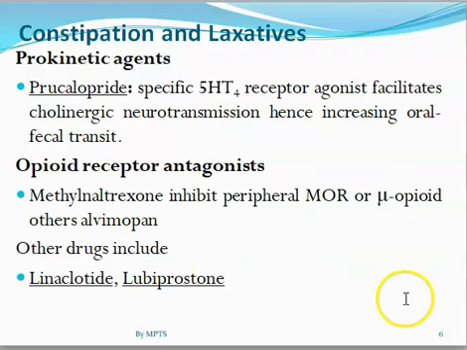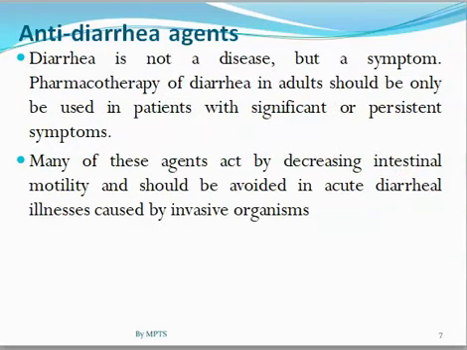Others can also be used. When dispensing these medicines, ensure you tell the patients about the non-pharmacological management of constipation: exercise, increased fluid intake, increased fiber intake, and so on. It's always important to tell the patient.